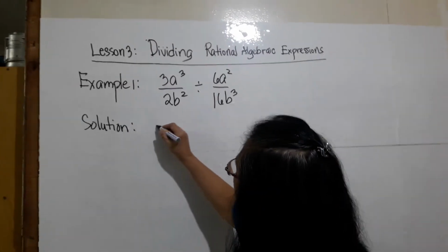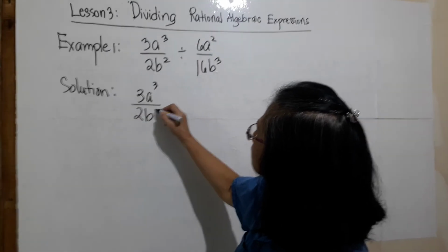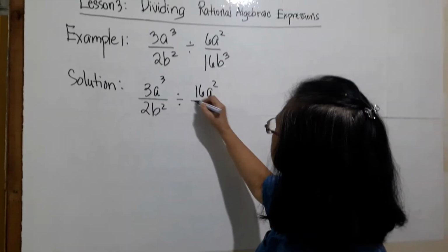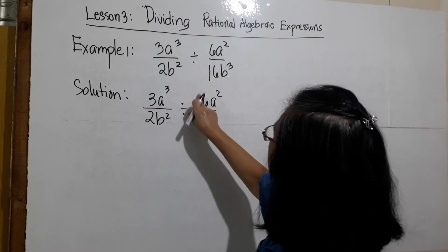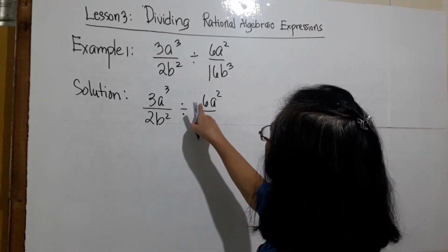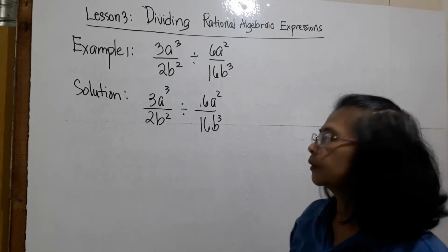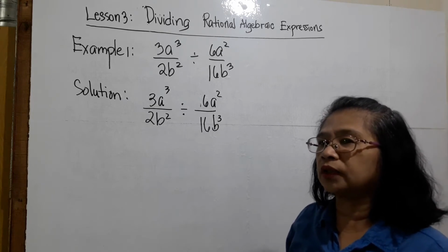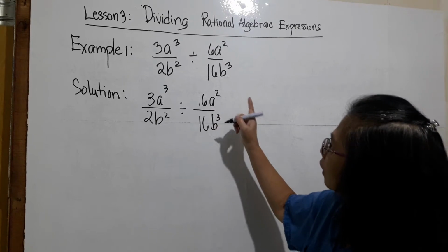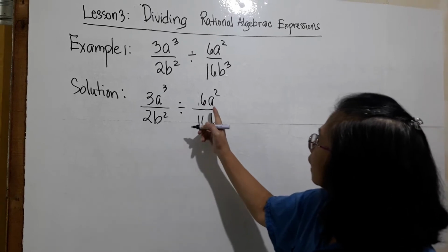We have here 3a cubed over 2b squared divided by 6a squared over 16b cubed. As I said a while ago, we need to get the reciprocal of the second rational expression, which is 16b cubed over 6a squared.